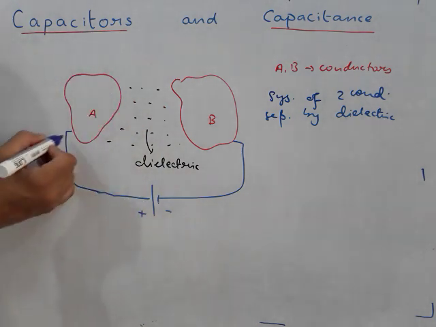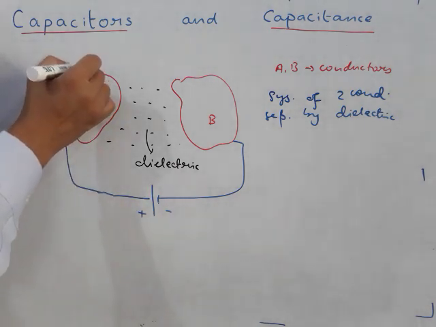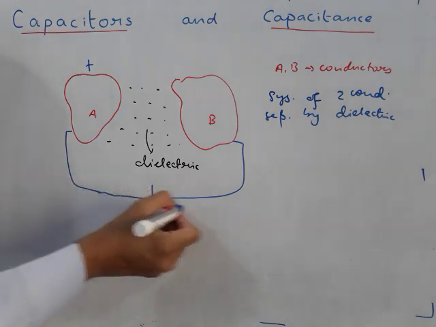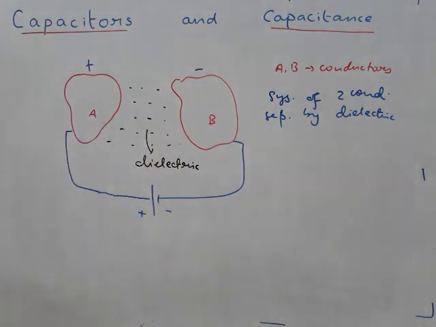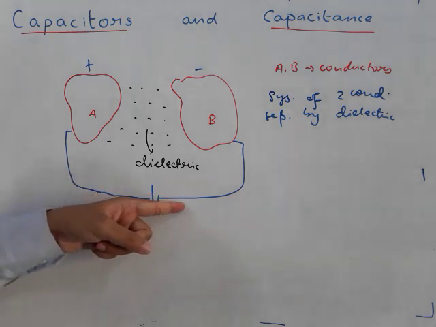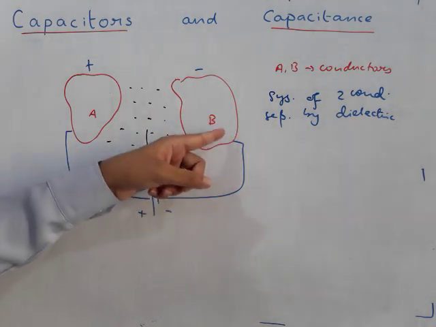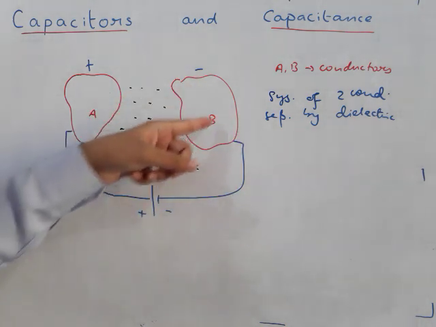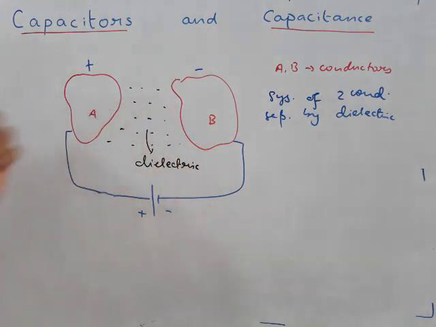So the positive charges will be piled up on conductor A and the negative charges would pile up on conductor B. Actually what happens? The negatively charged electrons will flow like this. Battery will supply the electrons and those electrons will accumulate on conductor B. They don't have the path to go from B to A.